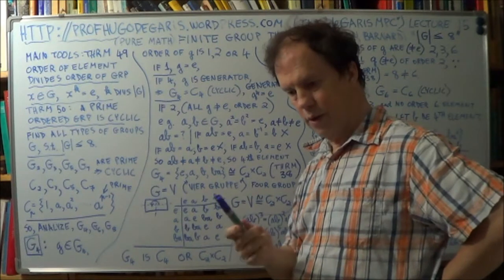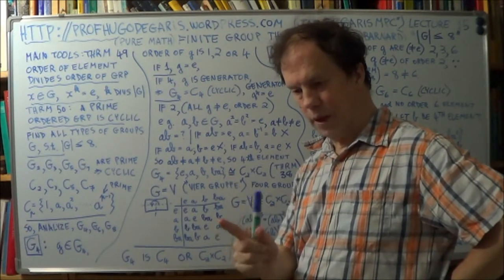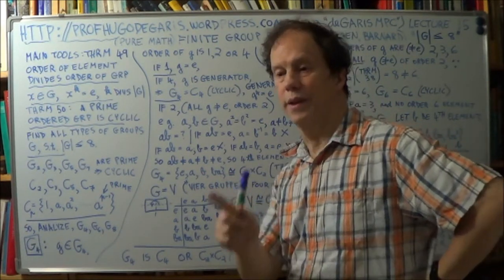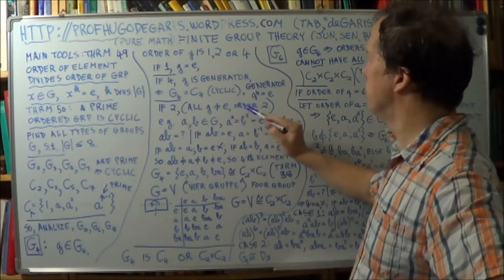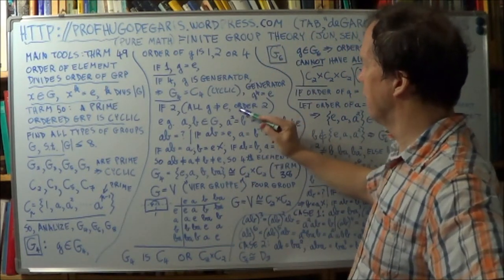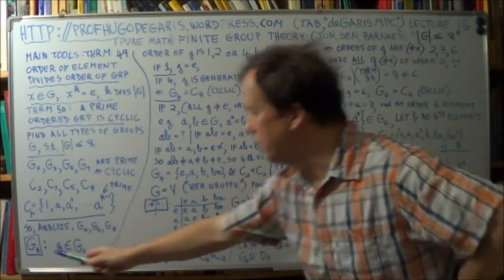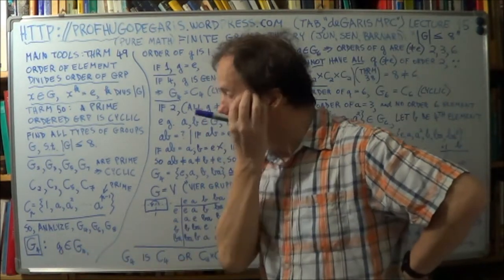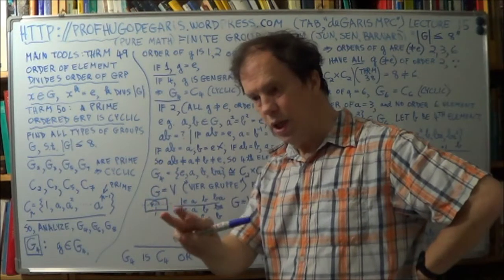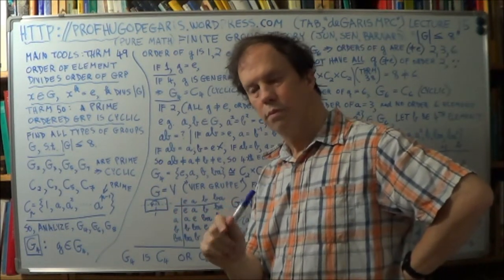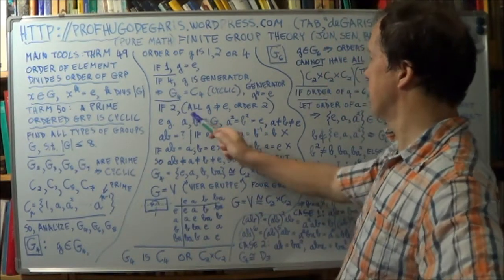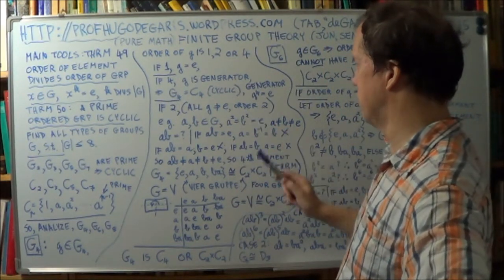Every group has just one element of order 1, and that's the unit. So except for the unit, let's assume all the other elements, all 3 of them, because we're talking G4, 4 elements, right? So let's assume the other 3 are all of order 2. Okay? So let's assume they all have order 2.